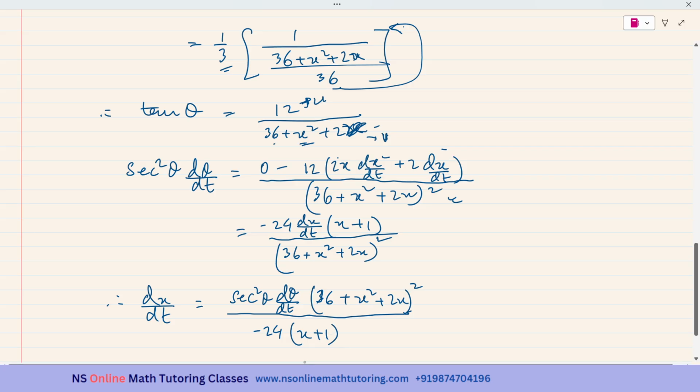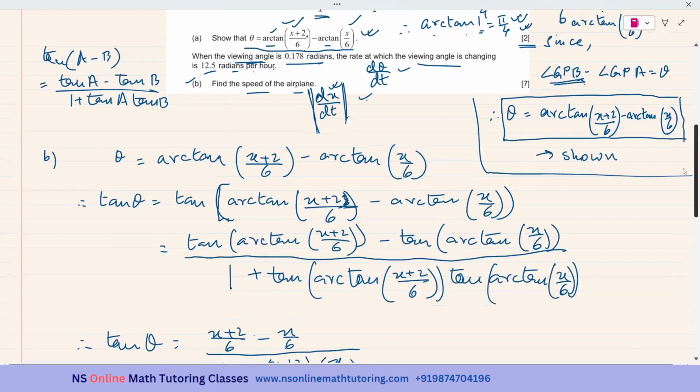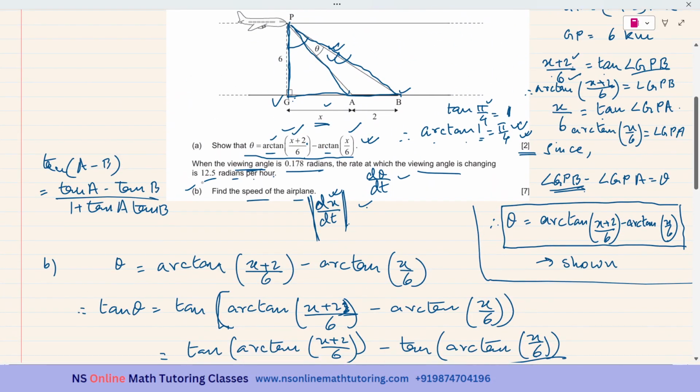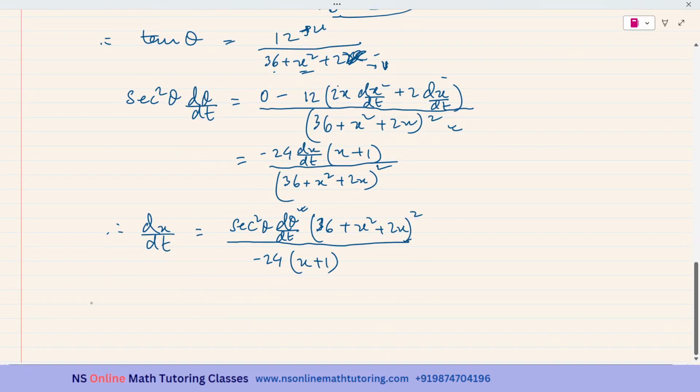Clear? But the problem is we know d theta dt's value. Let me just see what it is. It is 12.5 radians per hour. So d theta dt is equal to 12.5 radians per hour.